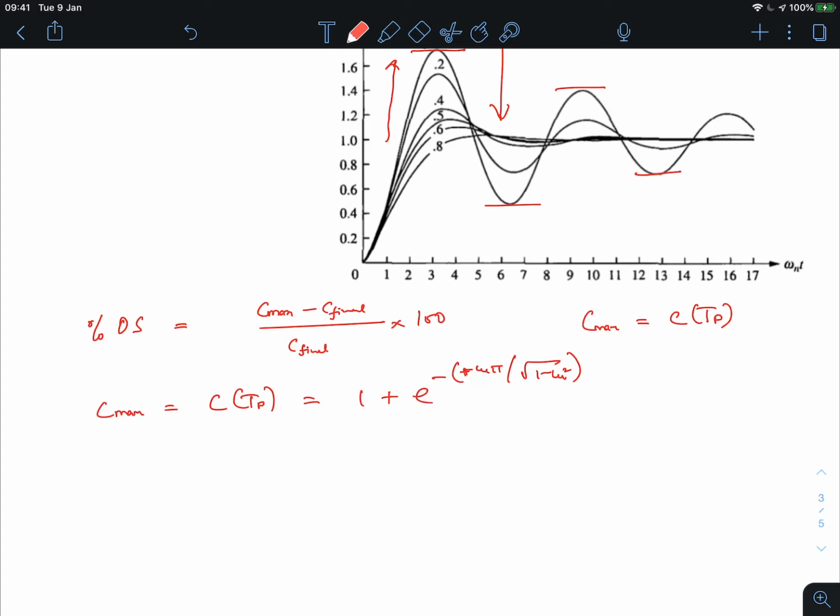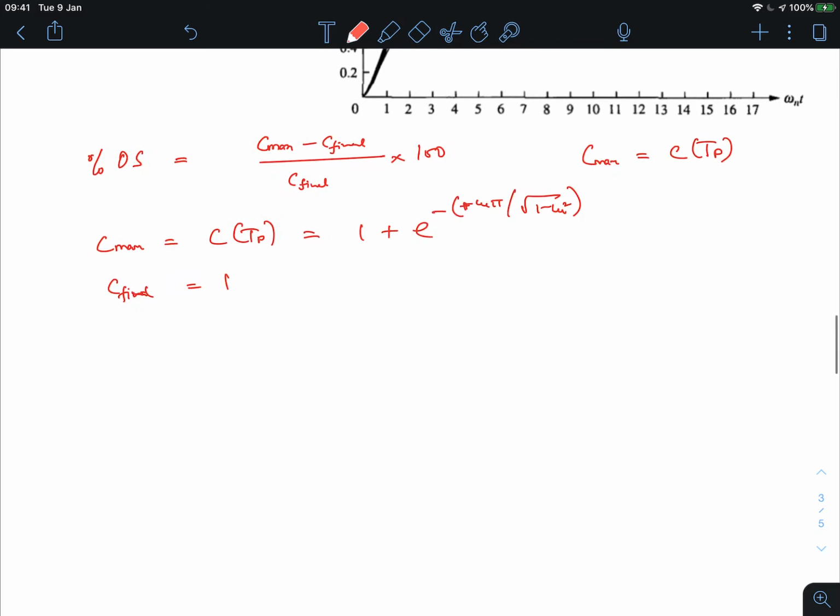Okay, and since we are considering the unit step input, in that case we would have C final equal to 1. So the percentage overshoot is now given as e to the power minus xi pi under root 1 minus xi square times 100.